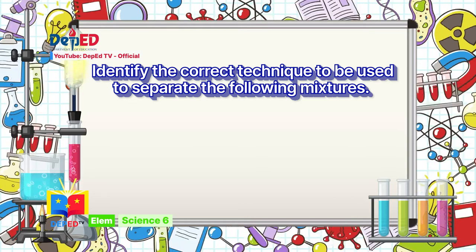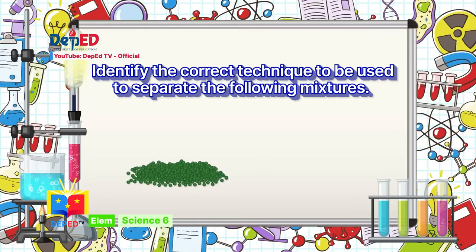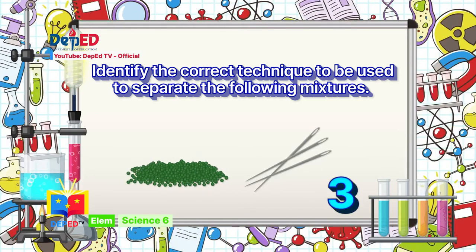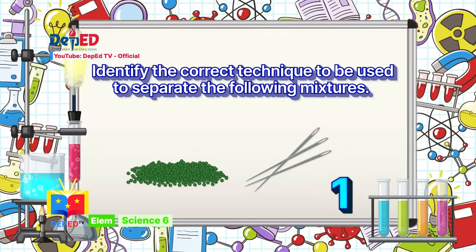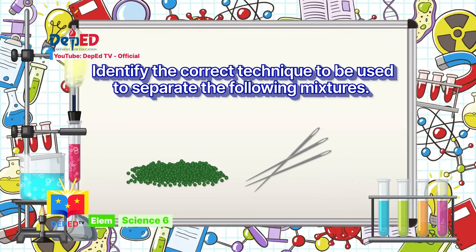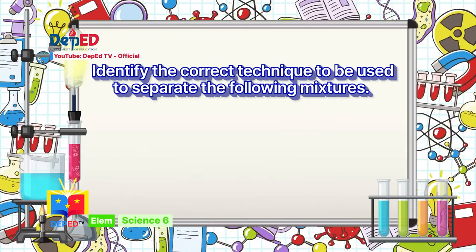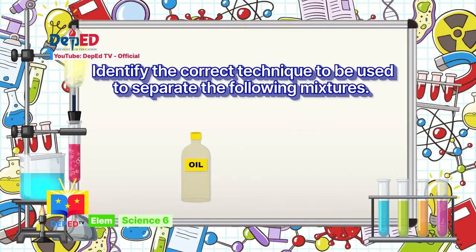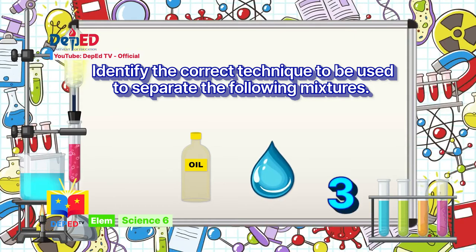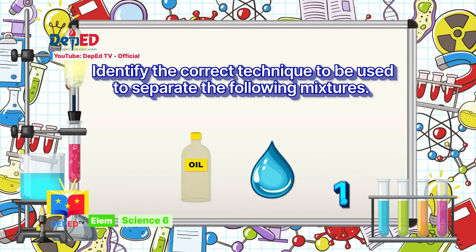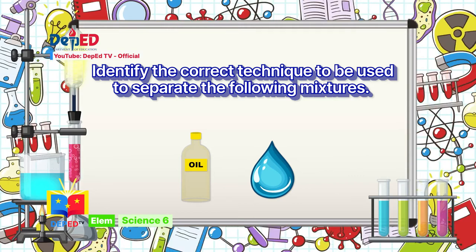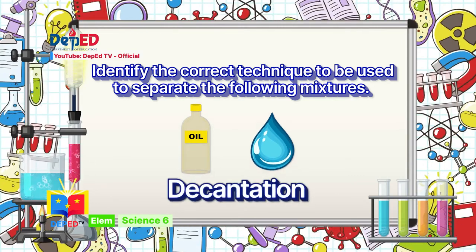Number 1. Mixture of mungo beans and needles. The correct answer is use of magnets. Number 2. Oil and water. The correct answer is decantation.